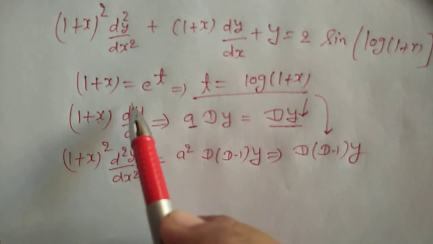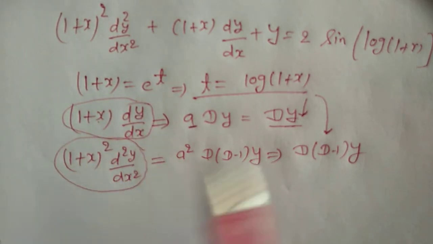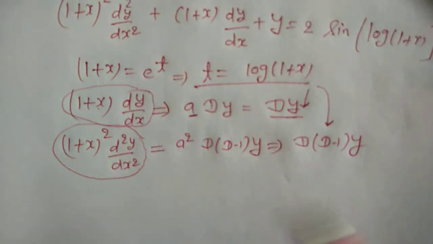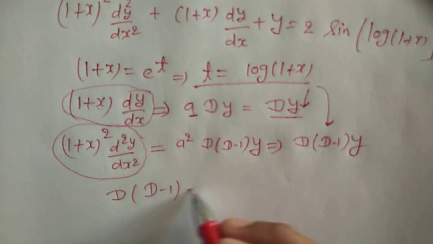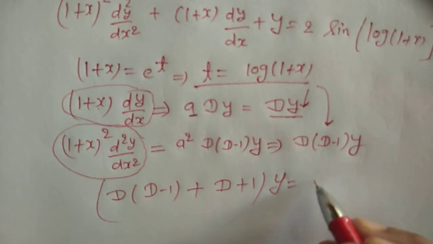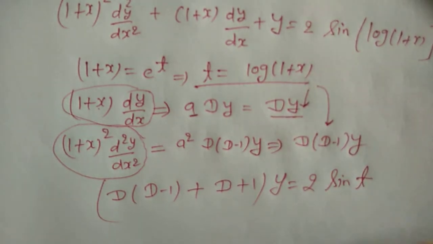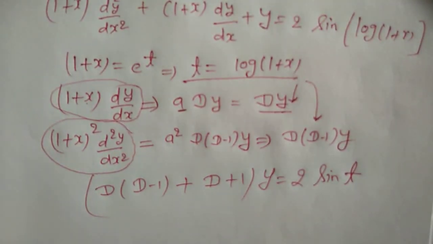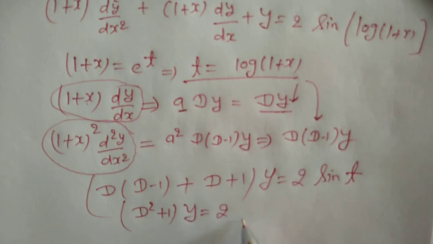Substituting the values of 1 plus x dy by dx and 1 plus x whole square d2y by dx square, we get D(D minus 1) plus D plus 1 y equal to 2 sine t, where t equal to log 1 plus x. So this is D square plus 1 y equal to 2 sine t.